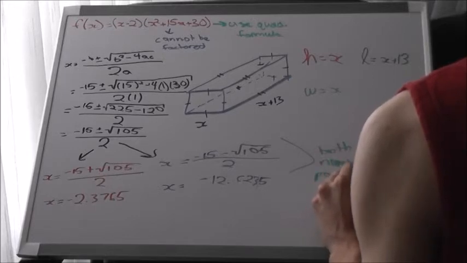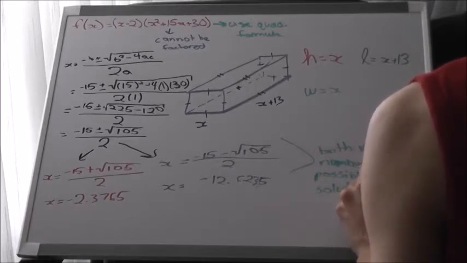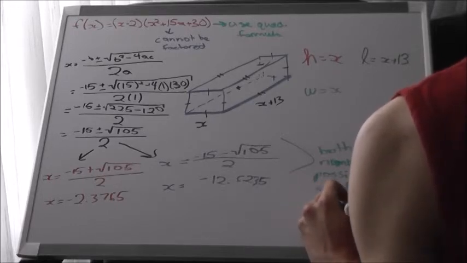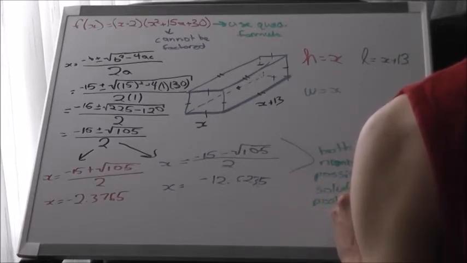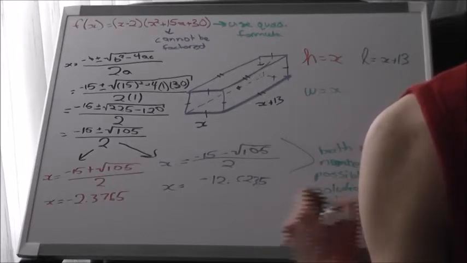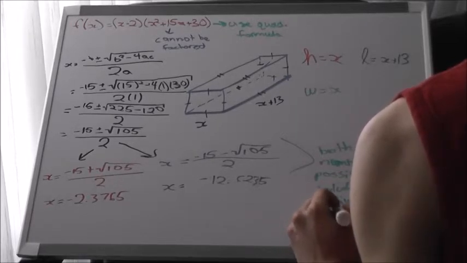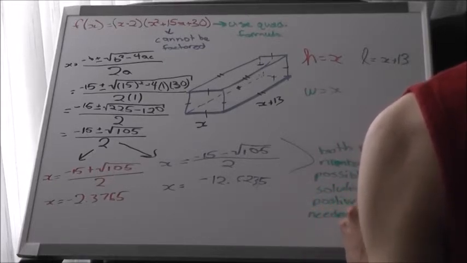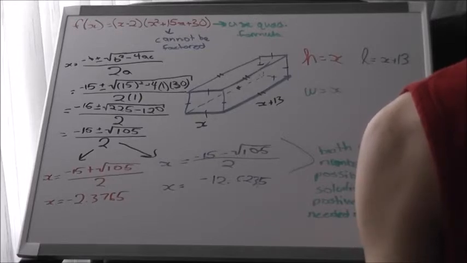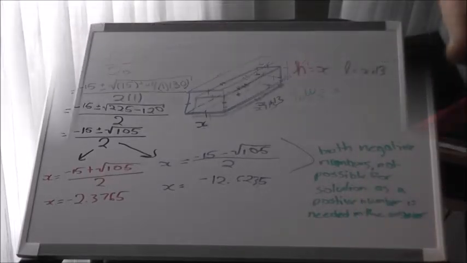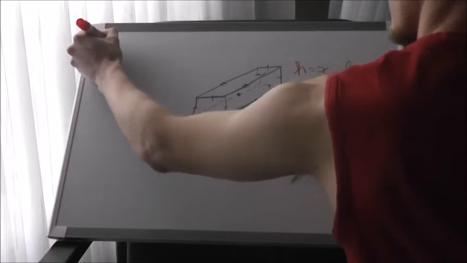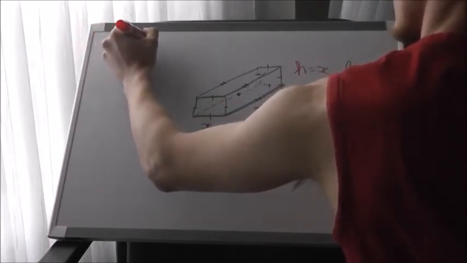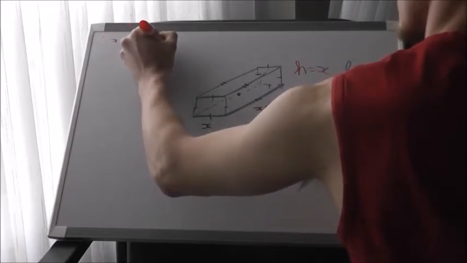And our only positive number, or root, or 0, was 2. Okay, so now we know that x must be equal to 2 because it is our only positive root, or 0.